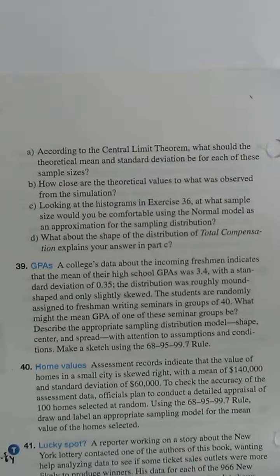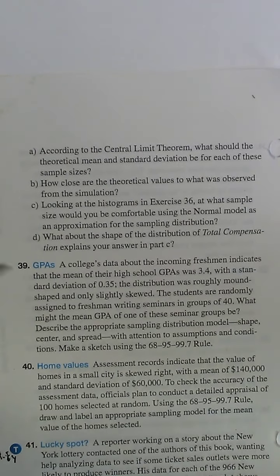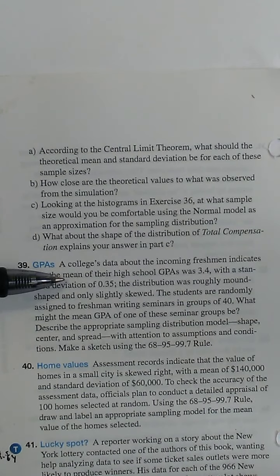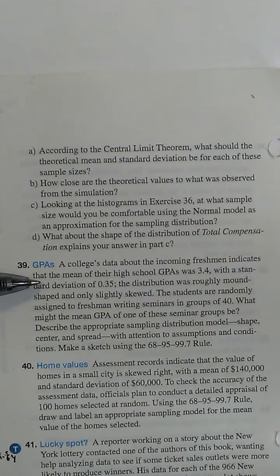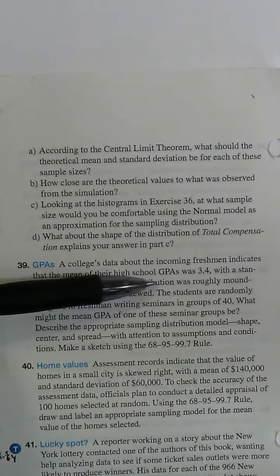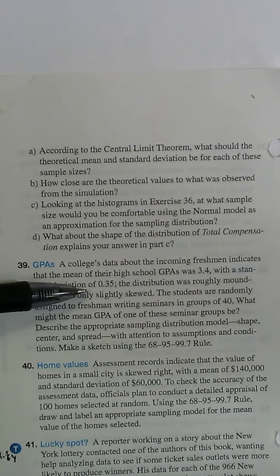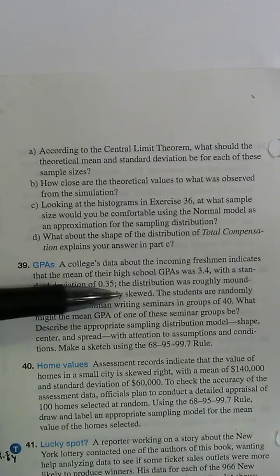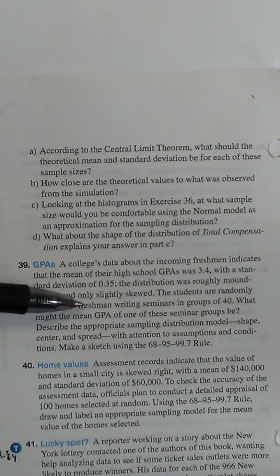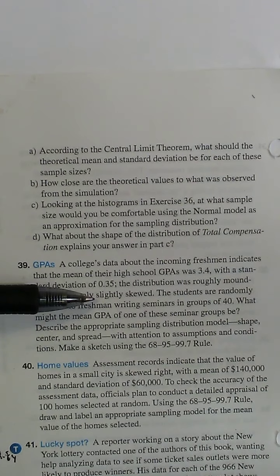Number 39. Okay. College data, incoming freshmen, the mean of their high school GPAs, standard deviation, so those are your population numbers, was roughly mound-shaped and only slightly skewed. So your samples don't have to be that big in order to use the central limit theorem.